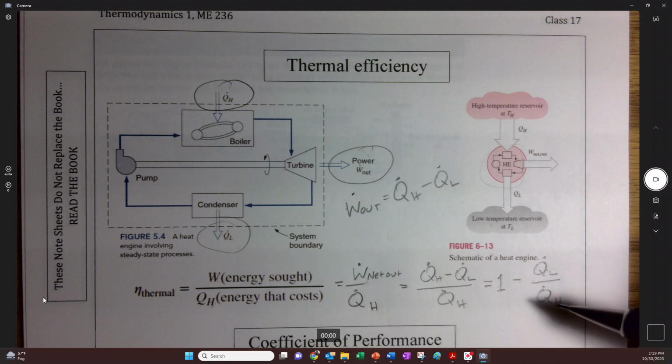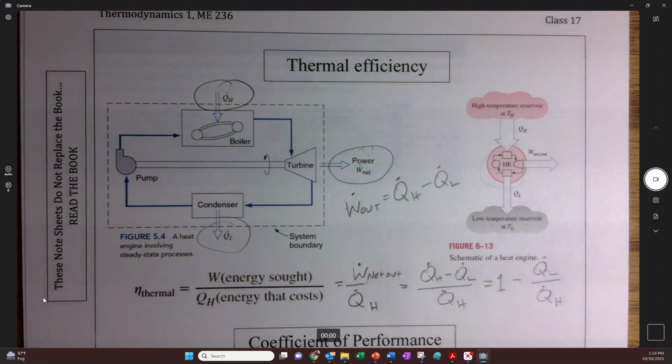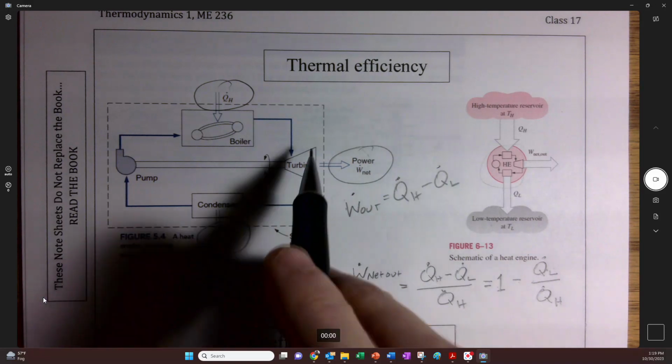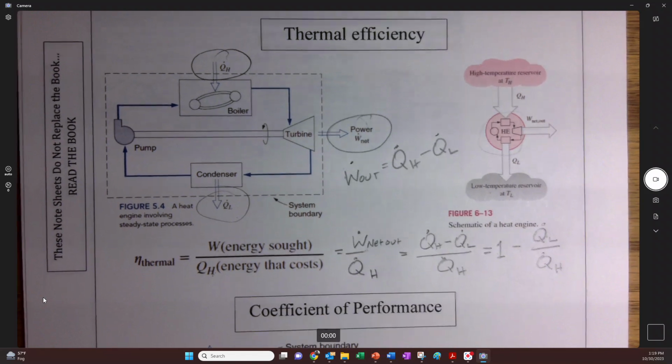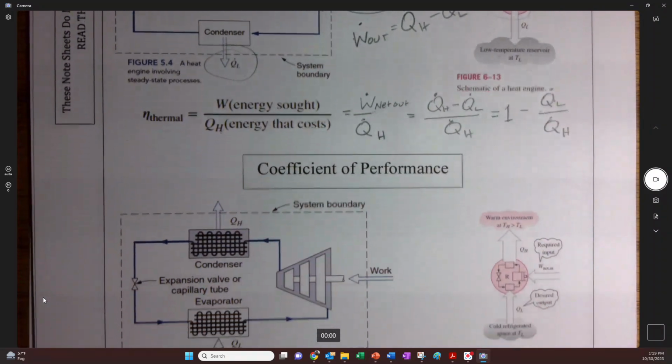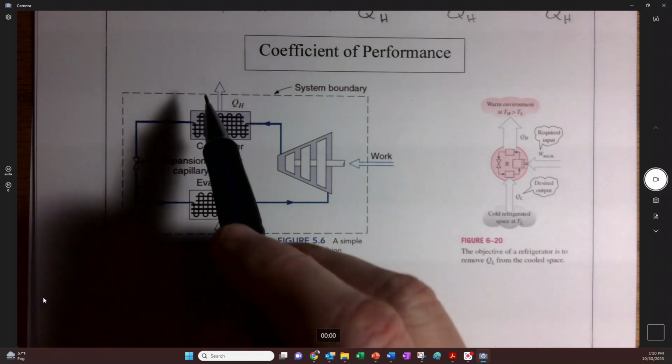So that's an interesting version of the efficiency equation, and it's all based on the heat engine concept. Now we were able to go backwards, and we introduced this the other day. And I'd say backwards, where I'm saying that we're going to go from a low temperature to a high temperature.